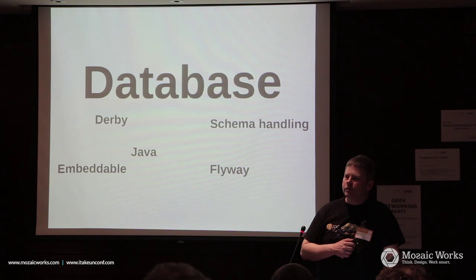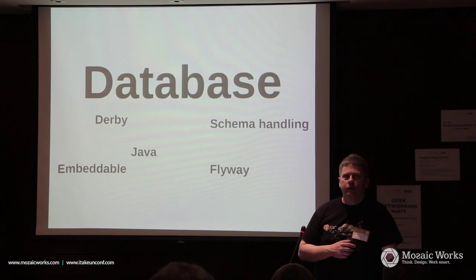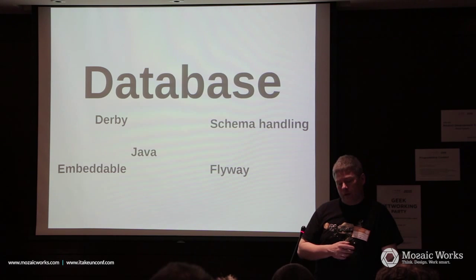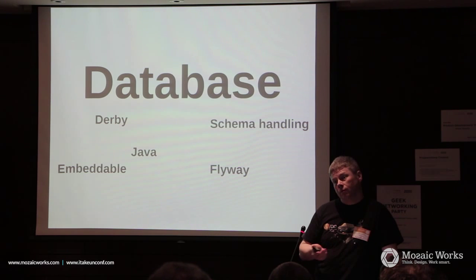And if it's not the correct version, then it will do whatever it takes to transform it to the correct version. That is, run a set of SQL scripts if you need it, or in Flyway's case, you can run Java code if you need to do something that is hard to do in SQL. So it's a way to make sure that the database is always in the state that the application expects it to be. Very, very handy, and in this case, very, very easy to implement as well.